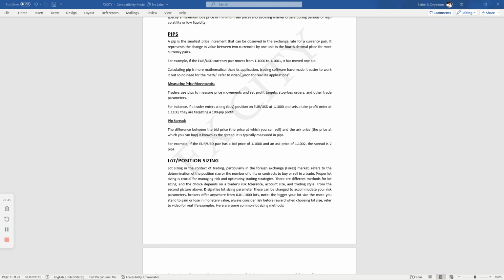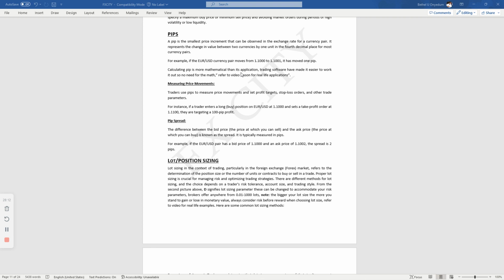The example given here is that if the EURUSD currency pair moves from 1.1000 to 1.10001, that's a 1 pip increment.